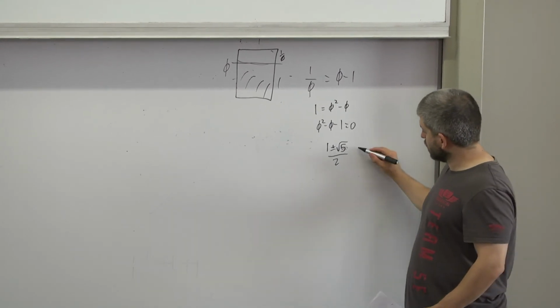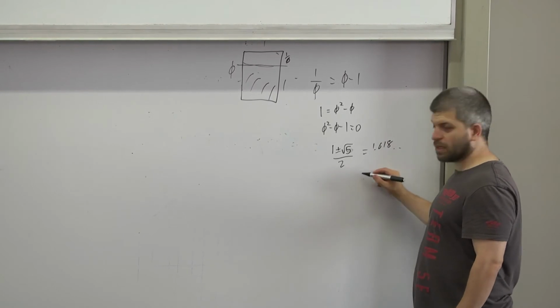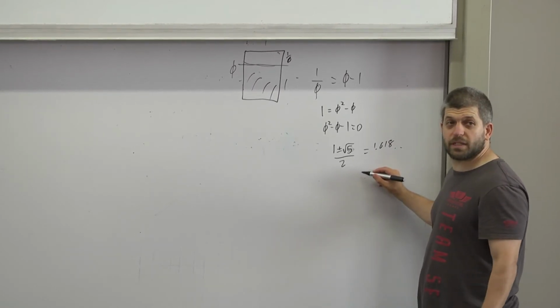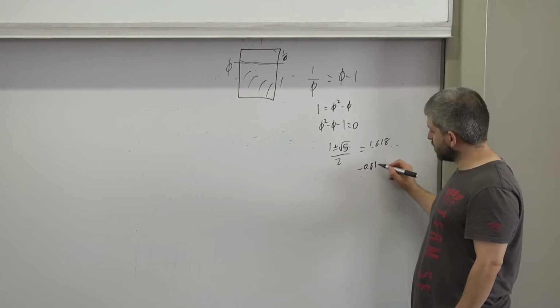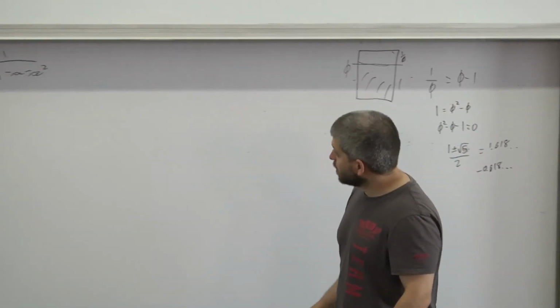So the golden ratio is like 1.618 something, and its evil opposite is like minus 0.618 or something. Okay?